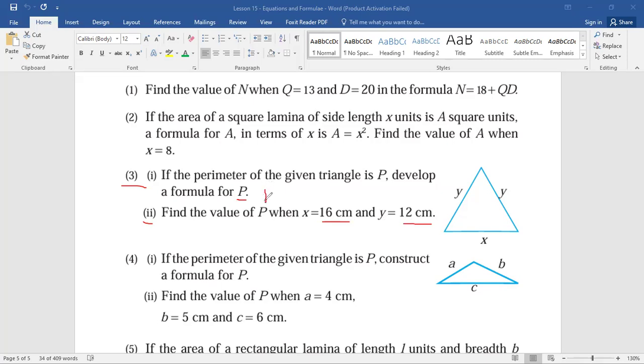First of all, find the formula for P by using this term and this term, and then find the perimeter as a numerical value. So you have to substitute 16 and 12 centimeters for x and y.